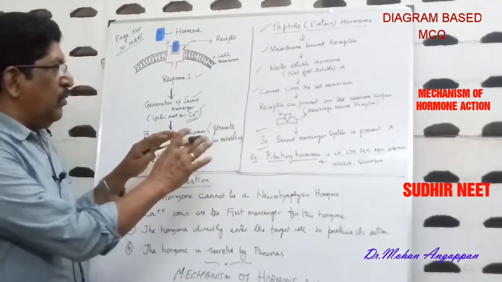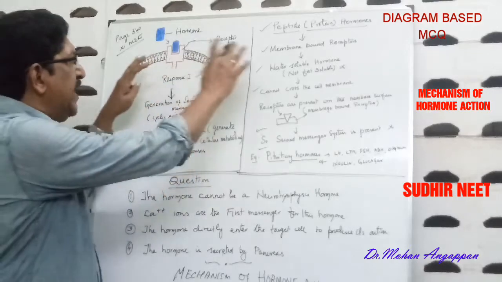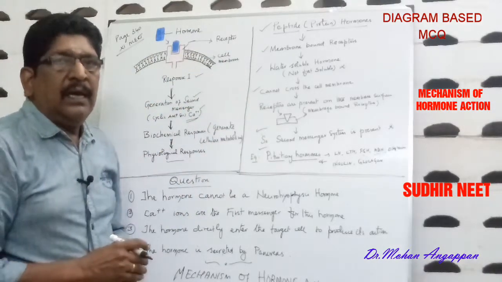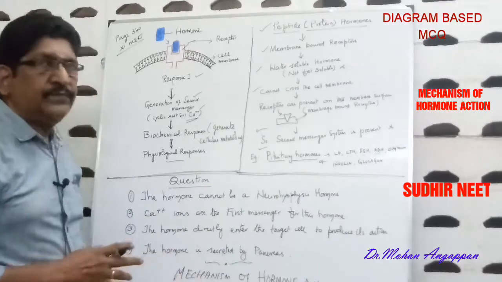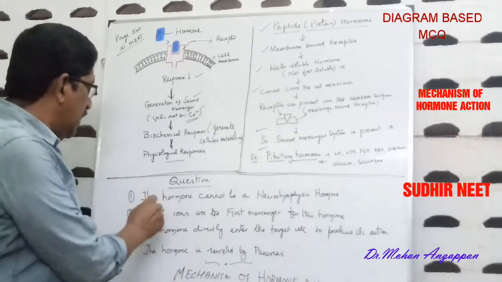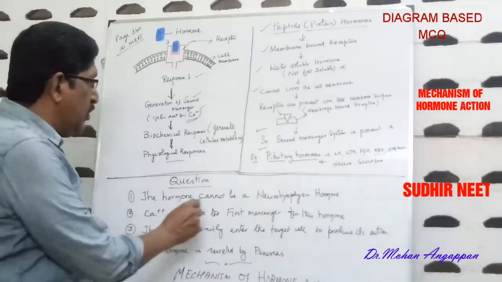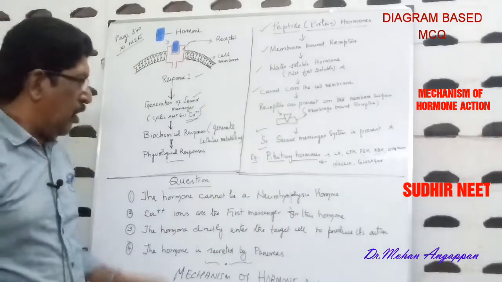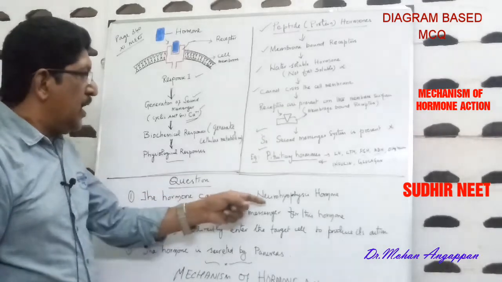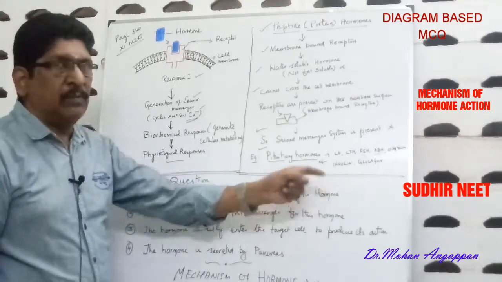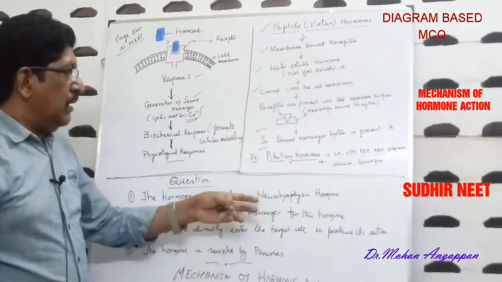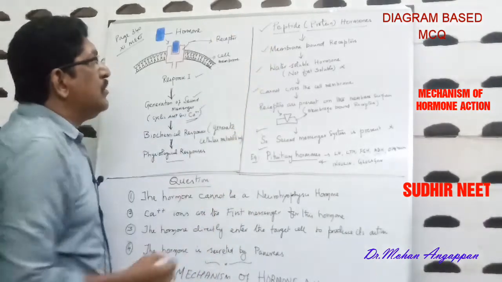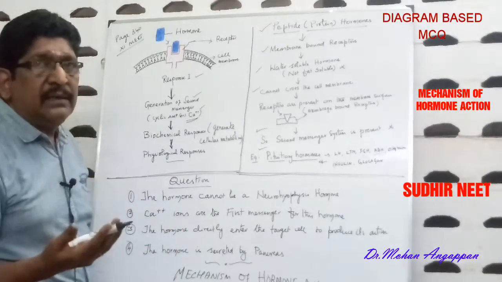So now we have come to the understanding of this diagram. Now let us come to the question. First option: the hormone cannot be a neurohypophysis hormone. Since it is a peptide hormone, how can we see?